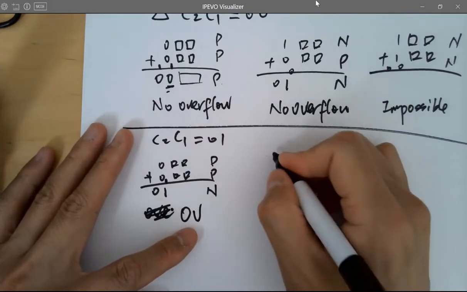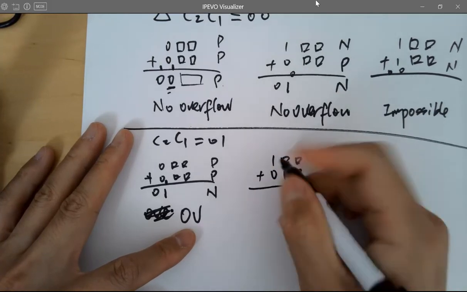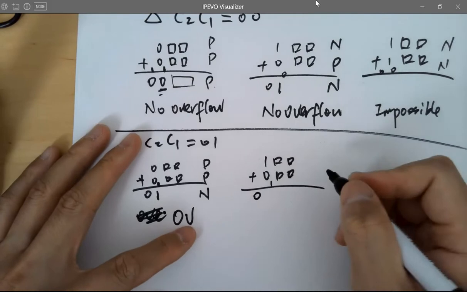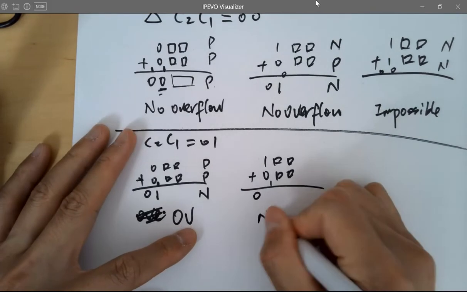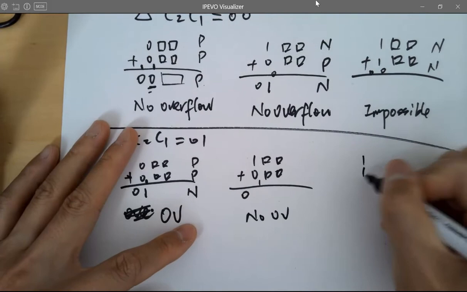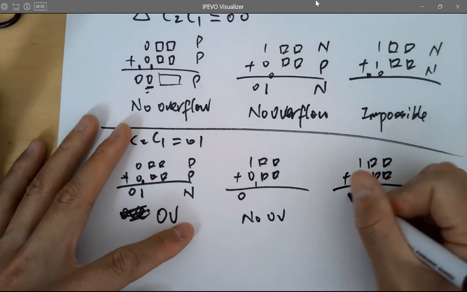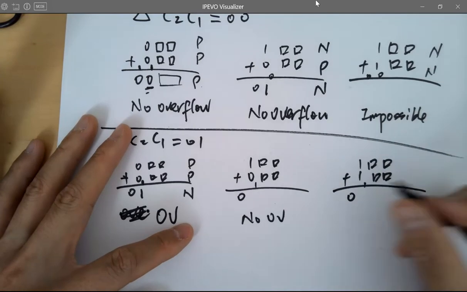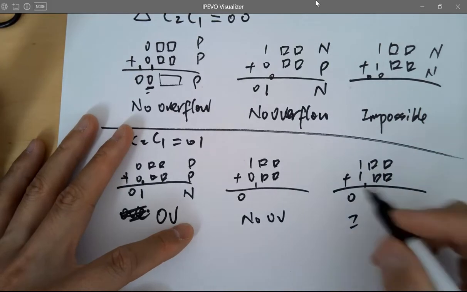The second case is 1, 0. I don't know what these 2 are, and it's 1, 0, which is possible, but there's no overflow, right? Or 1, 1, added together, and 1, 0 here, which is impossible because 1 plus 1 plus 1 is getting a 1. There's a carry out here.